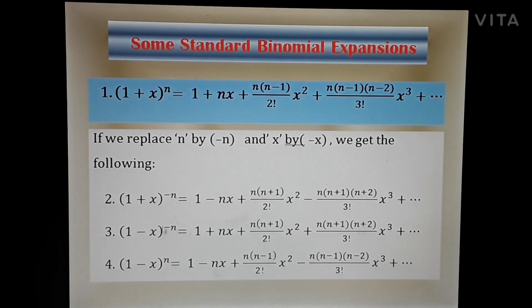So 1 plus x the whole power minus n becomes 1 plus minus n into x, that is minus nx, plus minus n into minus n minus 1. So take the minus outside, so it becomes plus. Similarly here minus n into minus n minus 1 into minus n minus 2, that is minus of minus plus, again 1 minus, so this term becomes negative, plus etc.